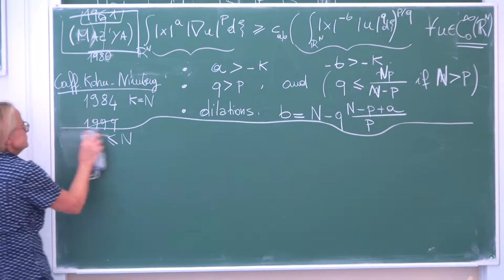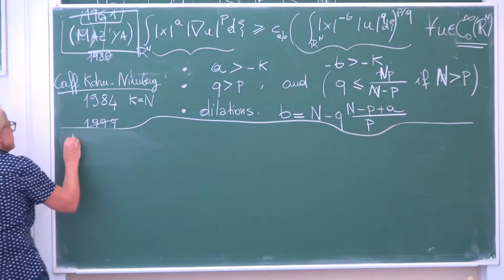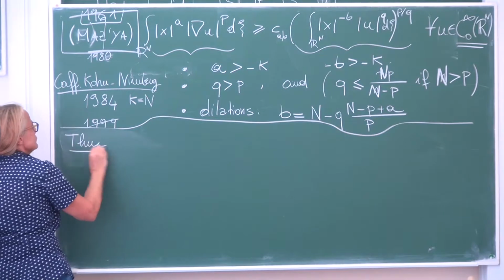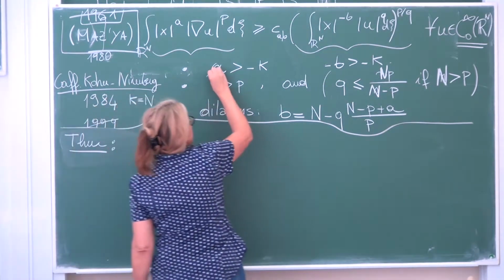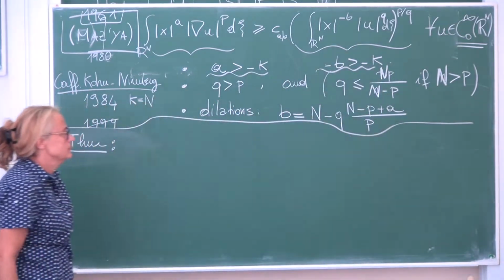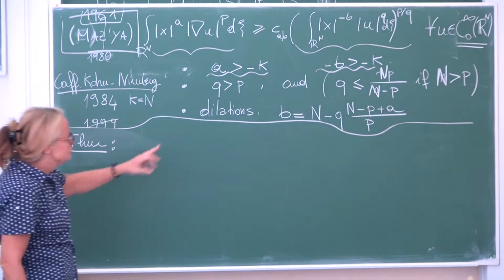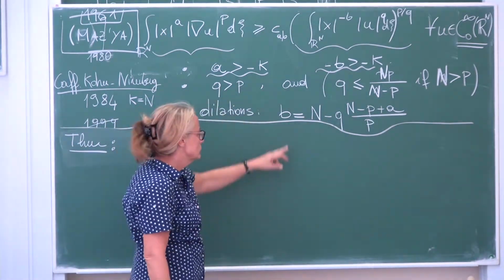So the theorem is that, now you can see that you can immediately be more careful with these integrability assumptions, because B must be this one.